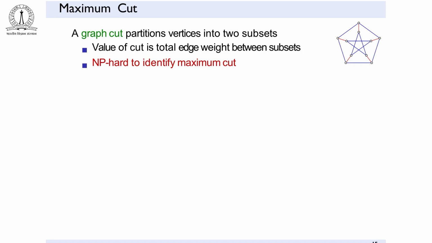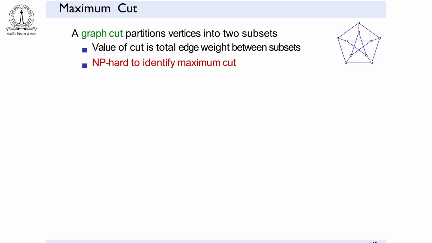So a graph cut is something that partitions the vertices of a graph into two subsets, right? And the value of any such partition is the total edge weight between the two subsets of vertices. So here is an example of the Petersen graph where I'm putting the outside vertices in one subset and the inside vertices in another subset.